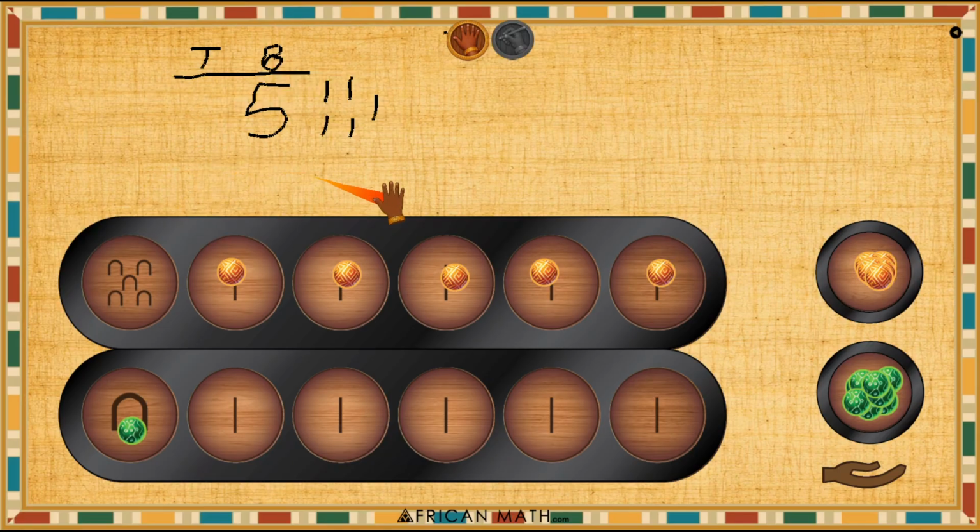And now that we have a 10 here, we would write the number 10. Ancient Egyptian numbers were not really positional. You can write the numbers any way you like. But in our international number system, here in the United States, you have to write the value in a specific order.